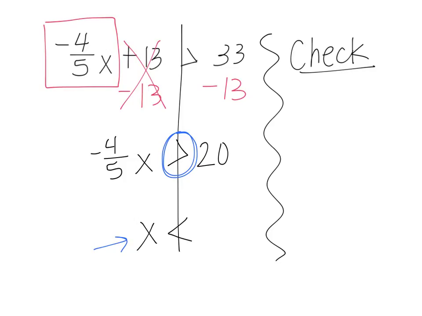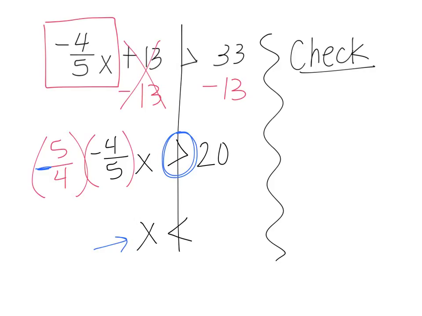All right, to undo a fraction, you're going to multiply by the flipped form of this fraction. Remember, it's called a reciprocal. So the reciprocal of 4/5 is 5/4. Don't forget that negative right there because we want to get rid of that negative as well.